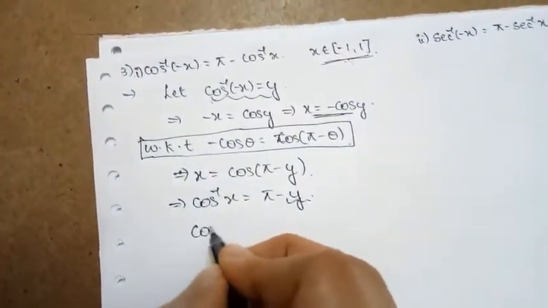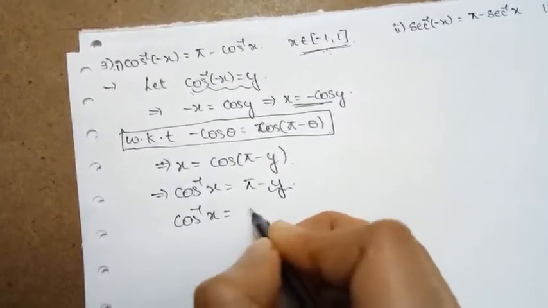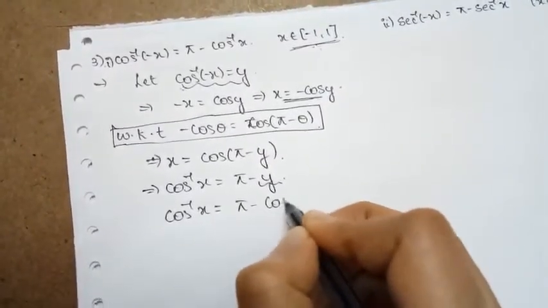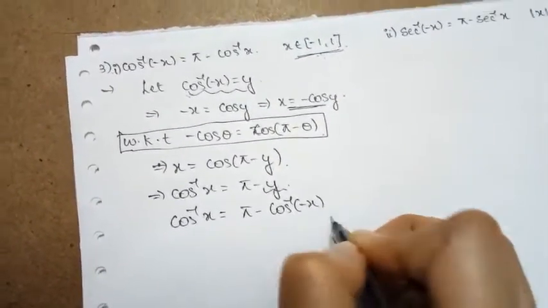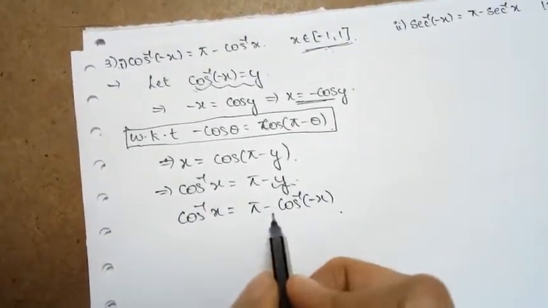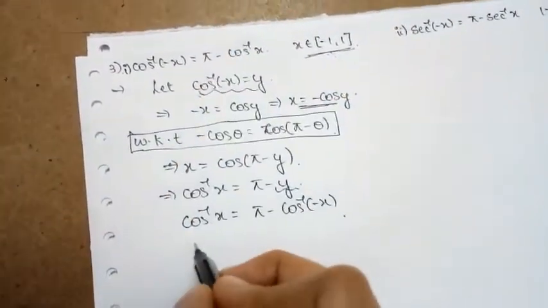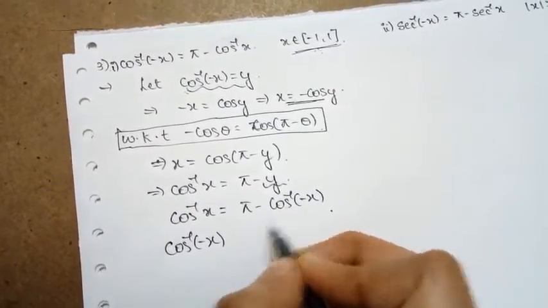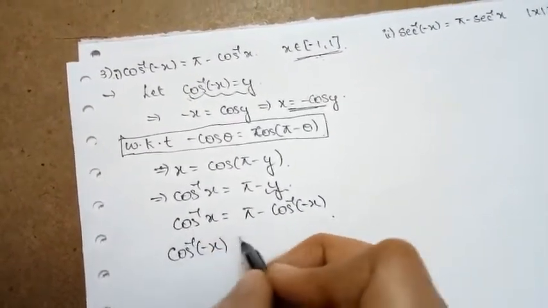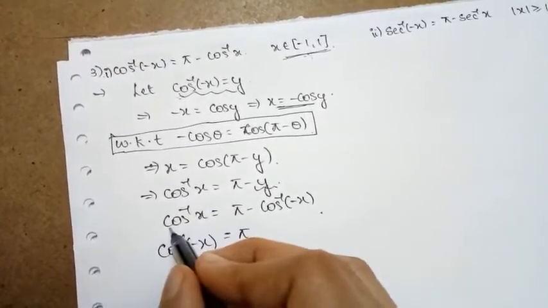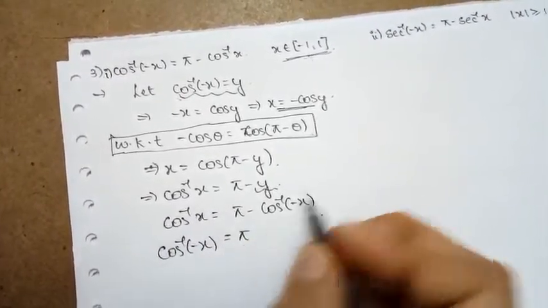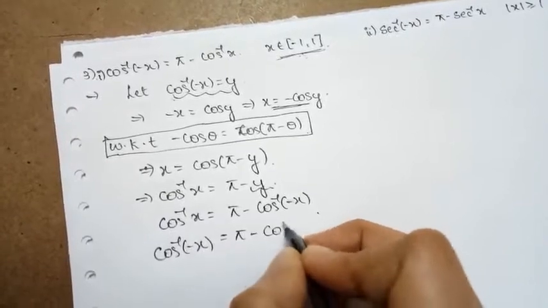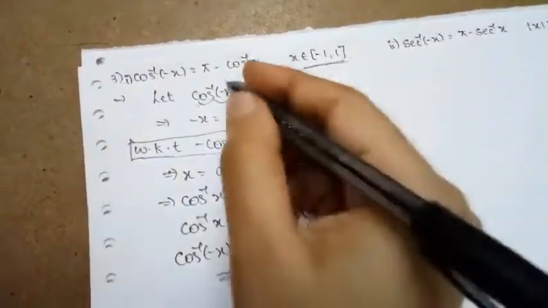So I am replacing y by the given value, that is pi minus cos inverse of minus x. Now by interchanging to bring the given result, cos inverse of minus x, bringing this to the LHS, negative becomes positive, pi bringing to the RHS, positive becomes negative, pi minus cos inverse of x. Thus we have proved the property.